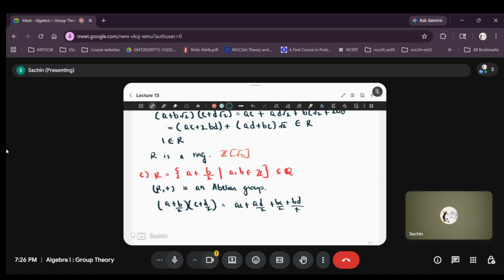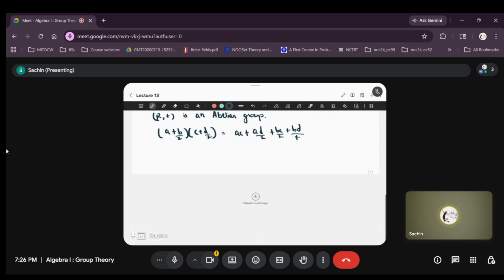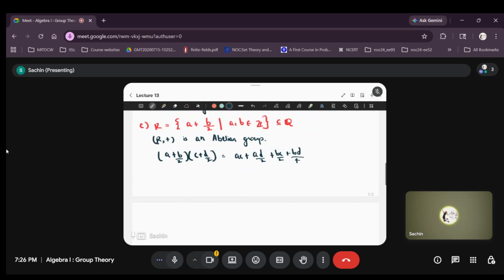To prove that it is not always possible, a counter example should be enough. Simplest would be half. We saw that in one of the earlier lectures. Half is in R, but half into half is 1/4.